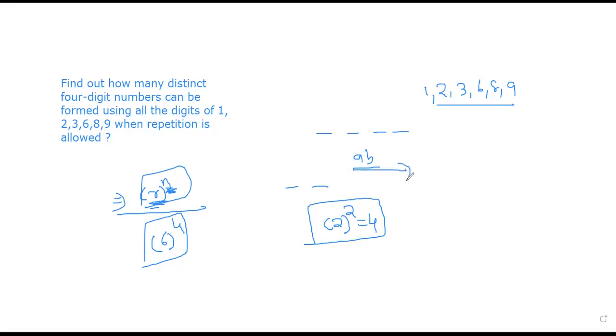When repetition is allowed, you can write AA, you can write AB, you can write BA, or you can write BB. So in how many ways are you writing when repetition is allowed? 4. But you cannot write like this all the time. That's why use this simple formula when repetition is allowed.